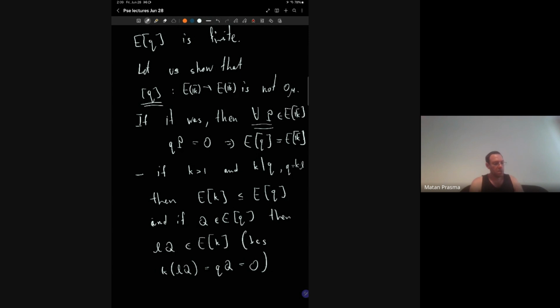So if it was the zero map, then I would get that E[Q] is the whole group E, and therefore I could take any element Q in E[Q], multiply it by L, and get an element in E[K].